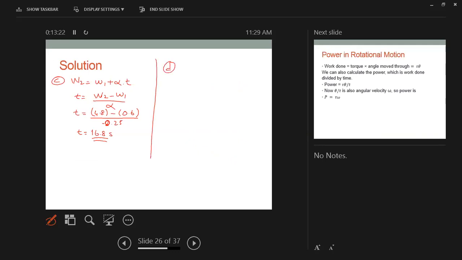So to find the displacement, we are going to use this formula: omega 2 square equals omega 1 square plus 2 alpha theta. Let's solve for theta. Theta equals omega 2 square minus omega 1 square over 2 alpha, right? So to find theta, again, 4.8 square minus 0.6 square over 2 times negative 0.25.